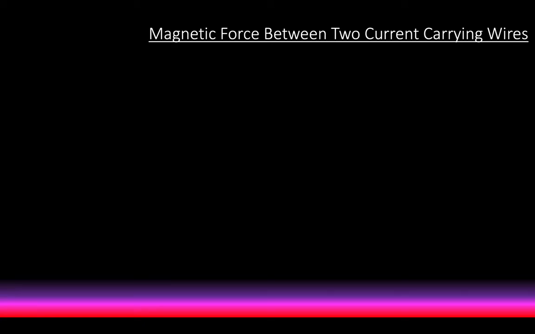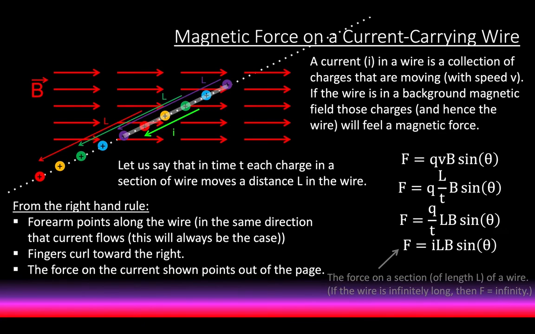Now, I said in the previous slide that the force on a section of wire is the current flowing through that wire multiplied by a magnetic field. Presumably this magnetic field is created by something else. In the picture I have here, very explicitly I drew the magnetic field to be nice and uniform, but this is not necessarily a requirement.